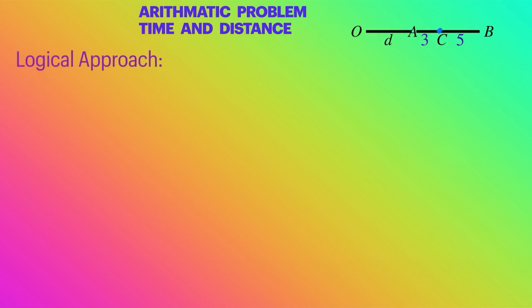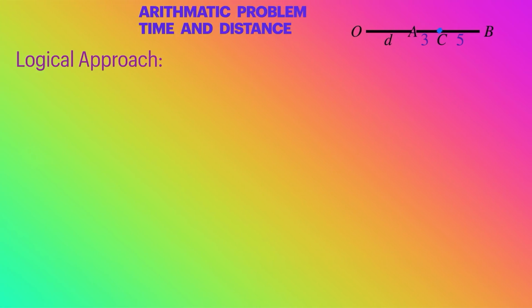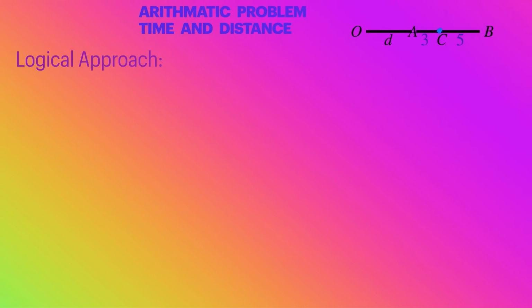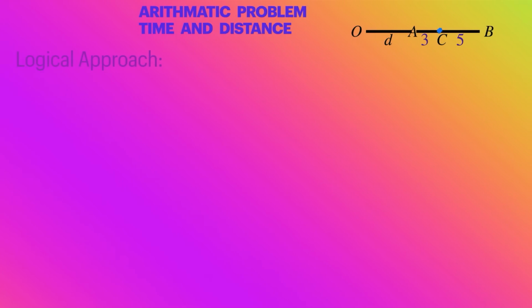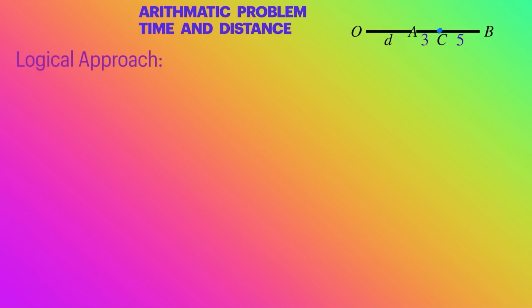Then the ratio of these different distances would be in the relation of their speed ratios.